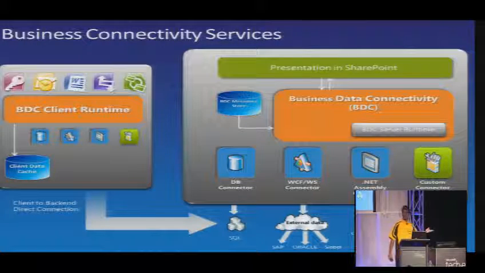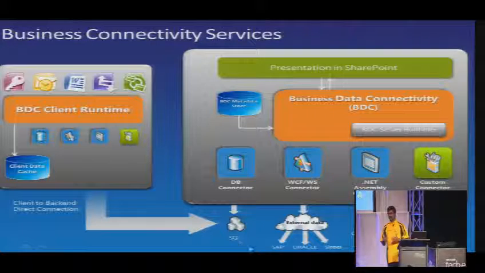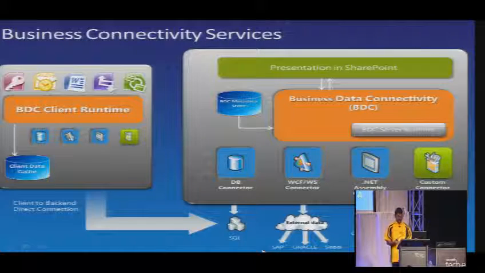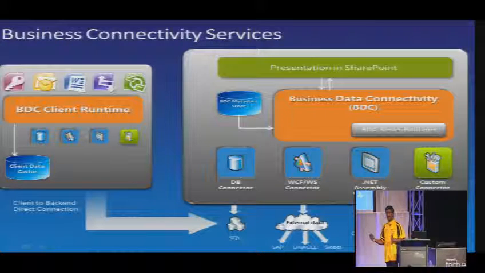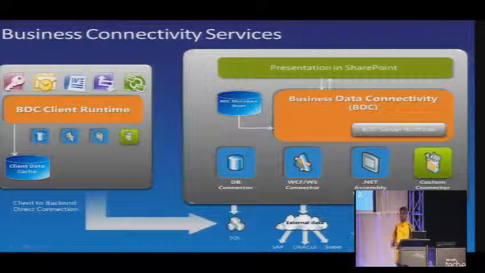It has a client data cache where everything gets stored and manipulated, and it updates, takes a cache of what is available, and presents it to the client. That's how the whole thing works. Both the BDC runtime and the BDC client application interact with the BDC metadata store to get data from your external data source.